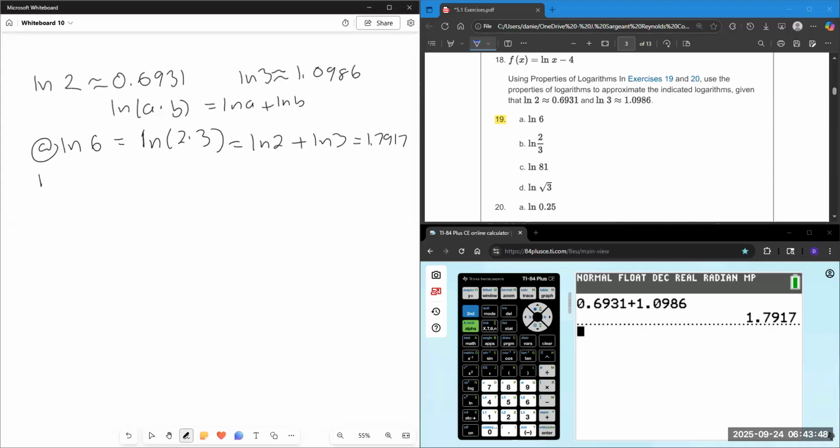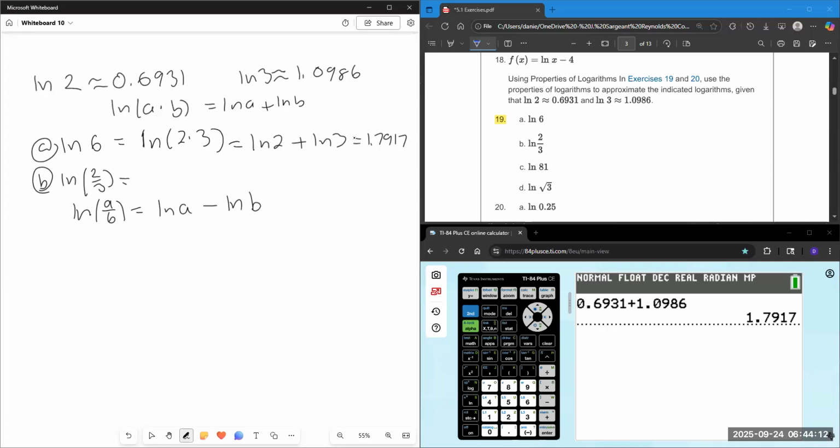For B, we have ln of 2 divided by 3. So kind of the opposite of this one, that when I divide, I'm going to subtract the logs where the part that's in the numerator is the positive part, and the part in the denominator is the negative part, the part that I'm subtracting.